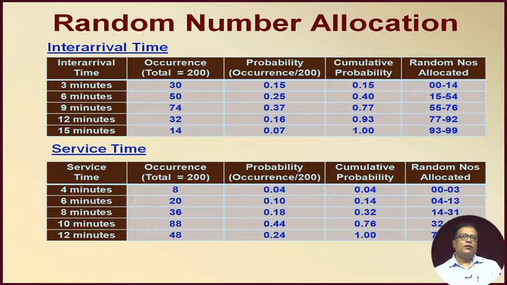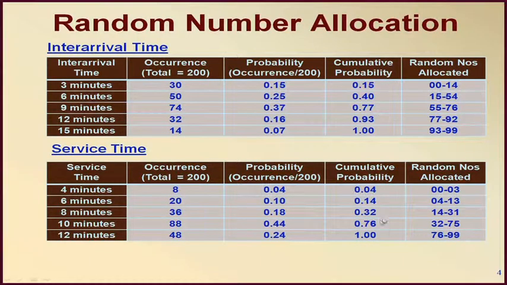Similarly, you can calculate all the probabilities: 0.15, 0.25, 0.37, etc. When you add them up, you get the cumulative probability table. So, we have 0.15, 0.4, 0.77, 0.931 as the cumulative probability for inter-arrival time. Similarly, the cumulative probability for the service times is 0.04, 0.14, 0.32, 0.76 and 1.